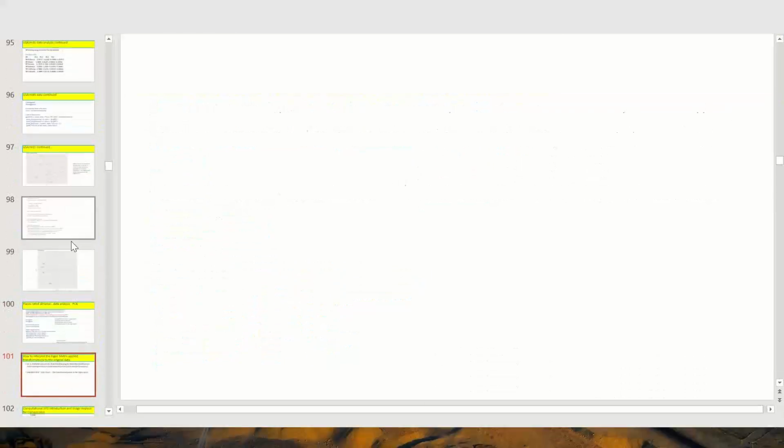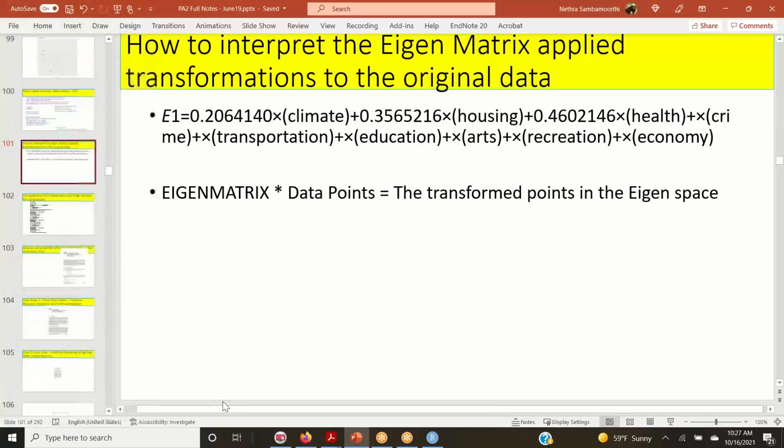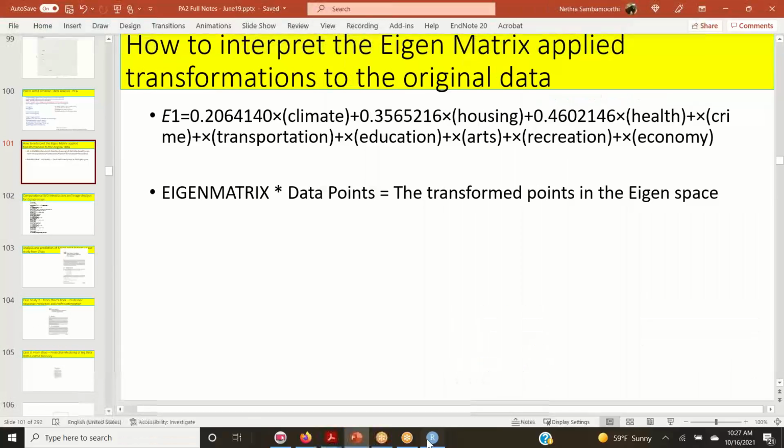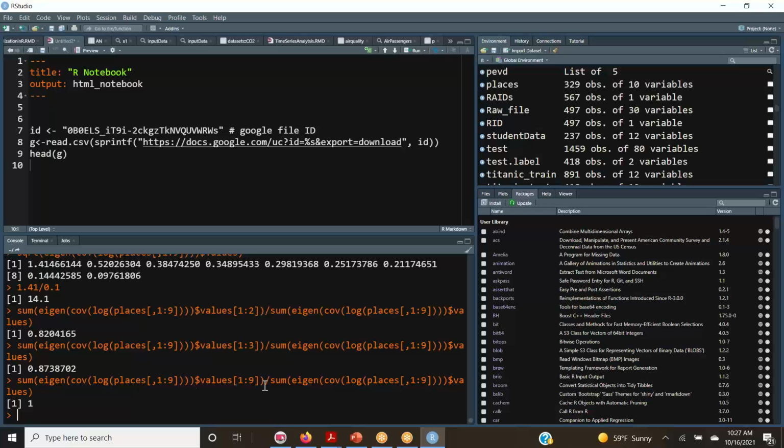Okay. So sometimes you want to visually see, think about it very carefully again. You want to plot the first two direction-based transformed data only.